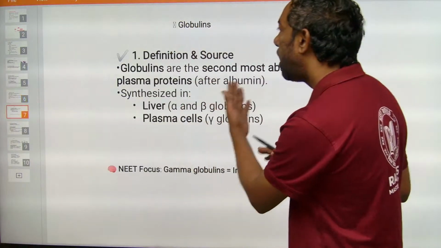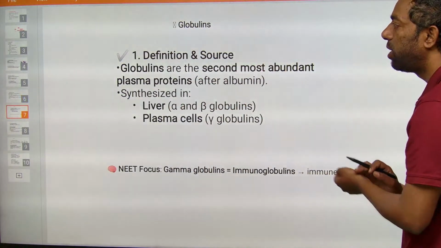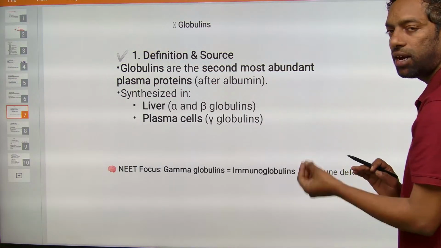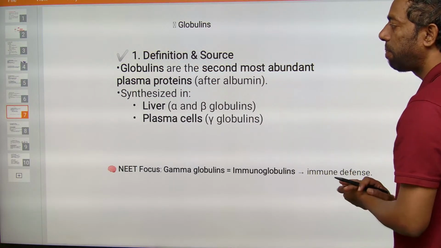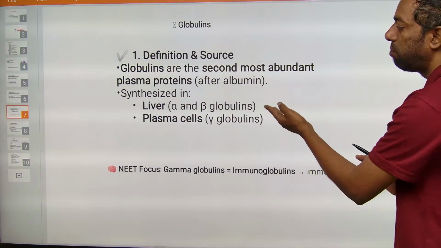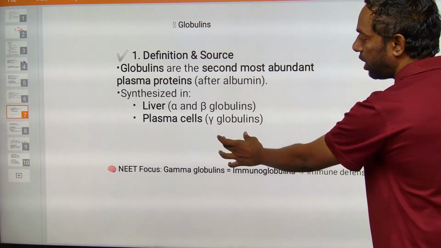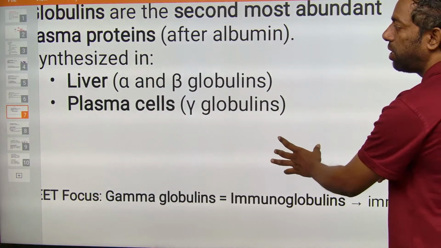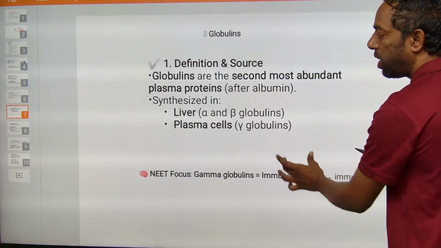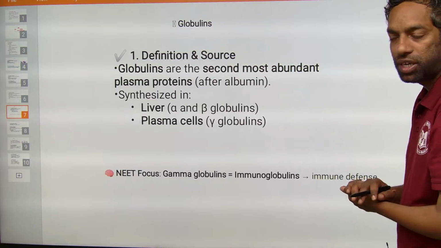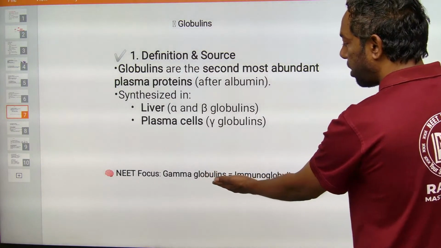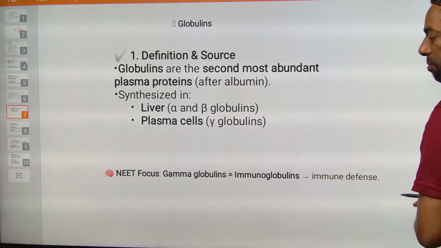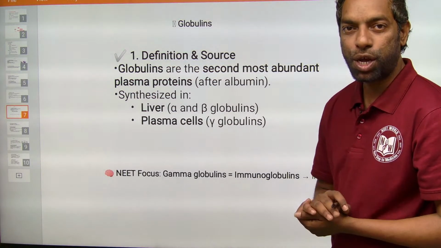Coming to the other protein, globulin: globulins are the second largest proteins in the plasma. Gamma globulin can be synthesized by plasma cells themselves. This is important: gamma globulins are antibodies. Alpha and beta globulins won't be asked, and even the liver produces them. Gamma globulins are immunoglobulins involved in the immune defense mechanism.